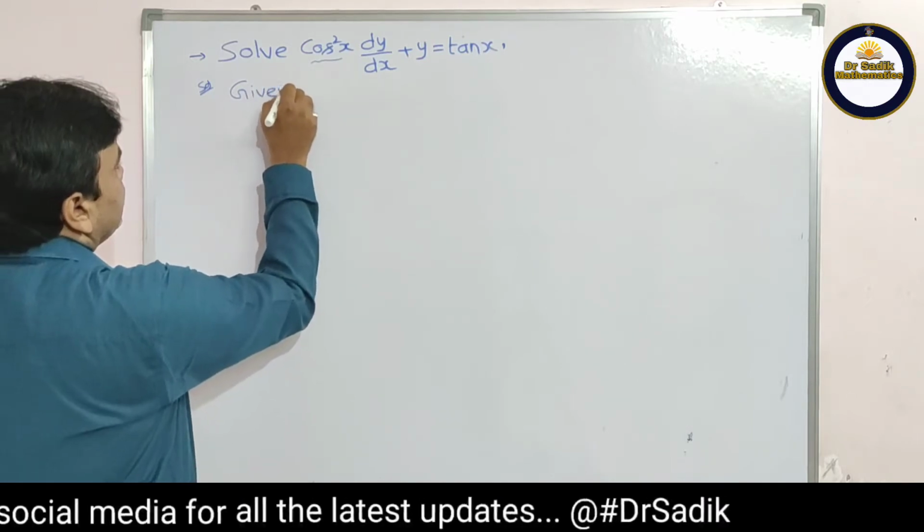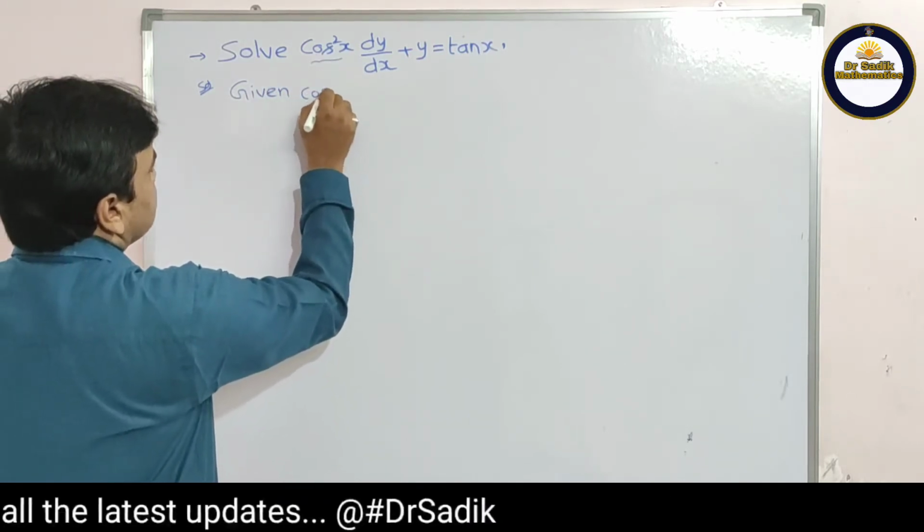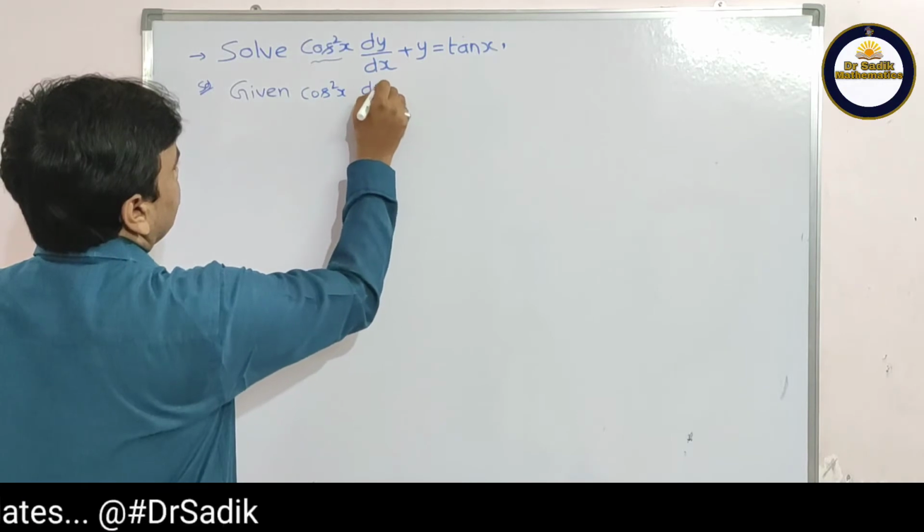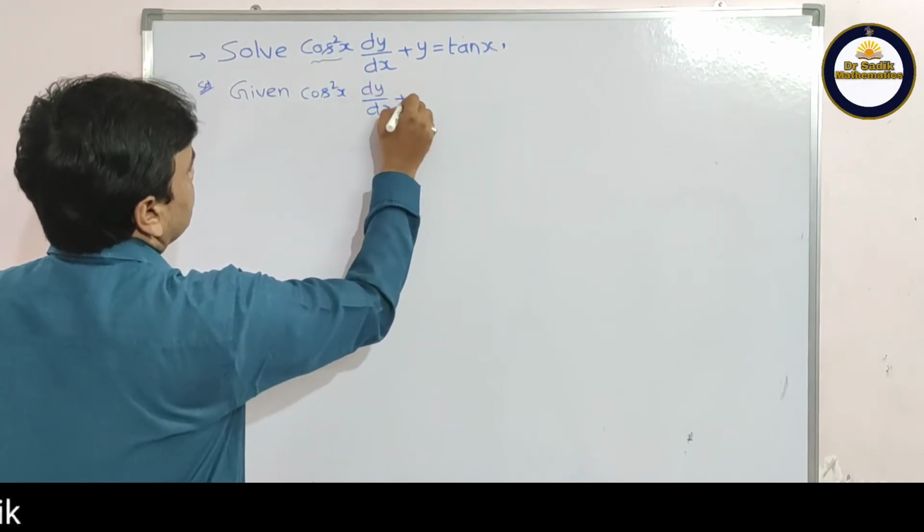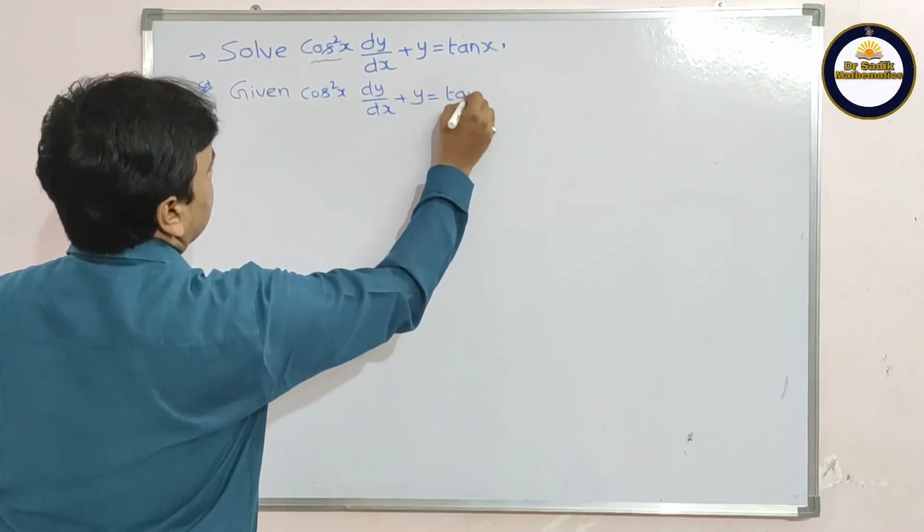Given cos square x dy by dx plus y is equal to tan x.